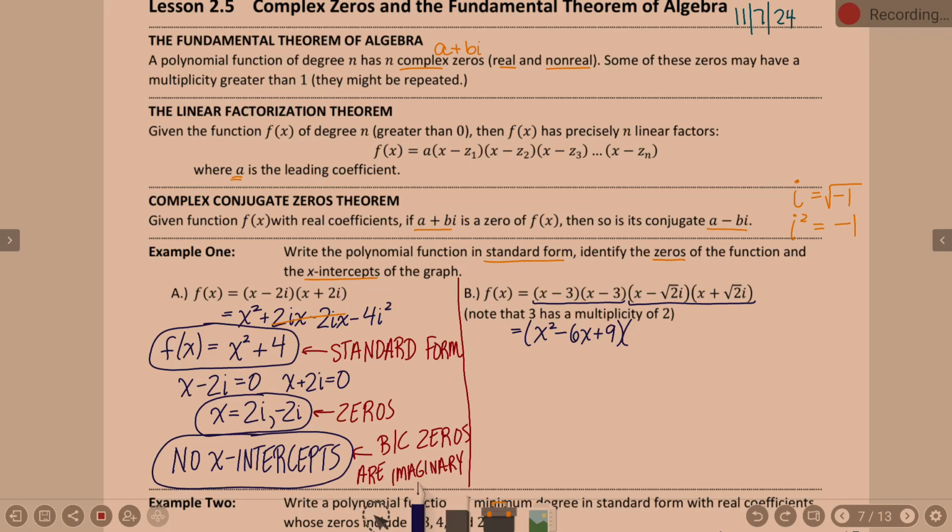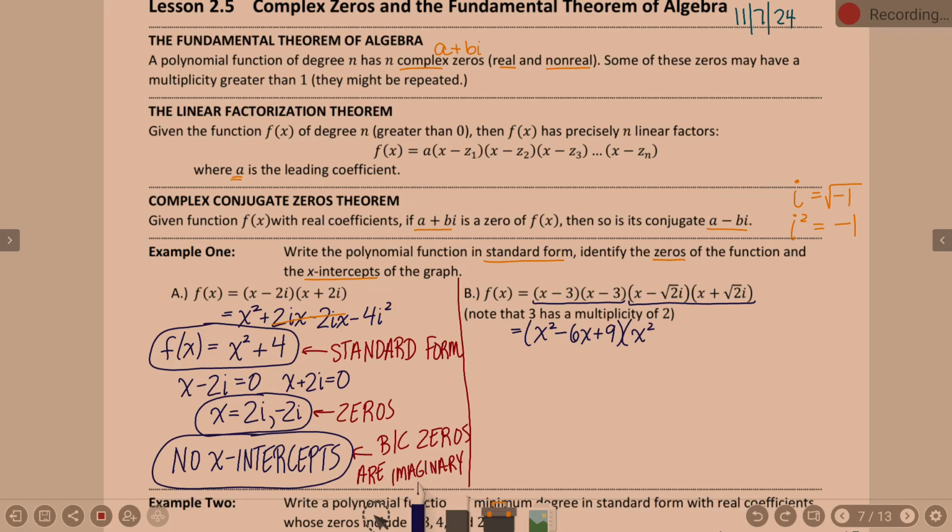What about these last two? X times x is x squared. Can we shortcut this? What about our outsides and insides? Yeah, we're going to have a plus square root of 2 times i times x and a negative square root of 2 times i times x.